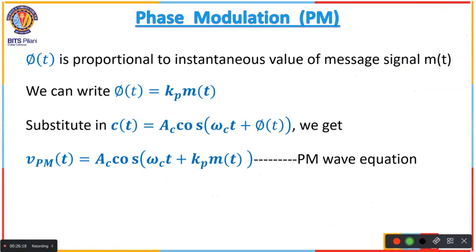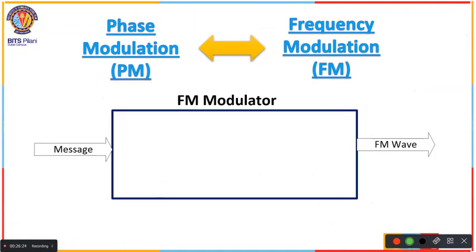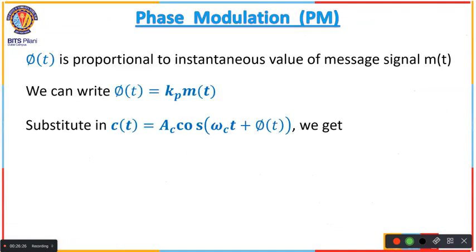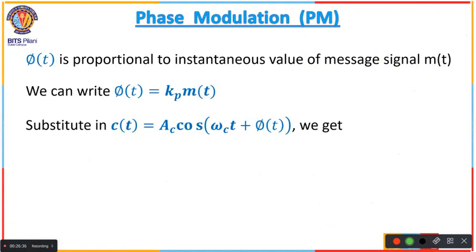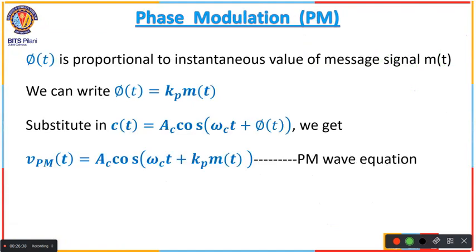So phi of t, when you write in terms of frequency, will become the integration of m of t. So the next equation is this equation when phi of t is represented as a frequency. This is called a frequency modulated wave. This is called a phase modulated wave.